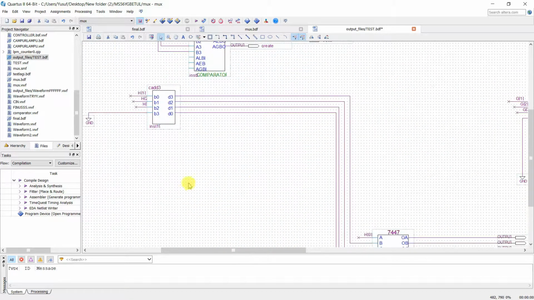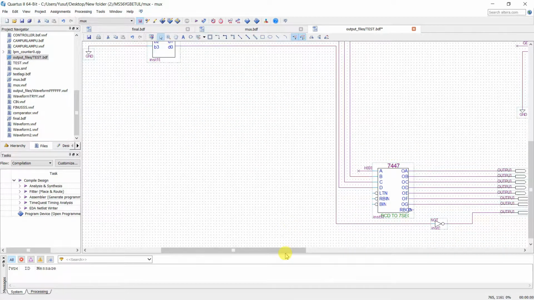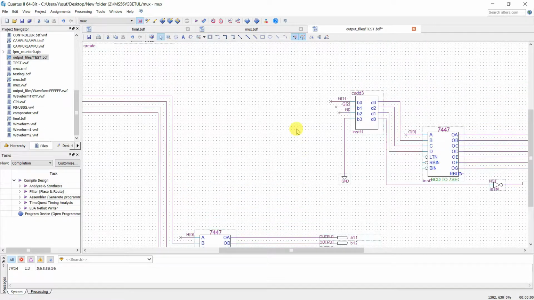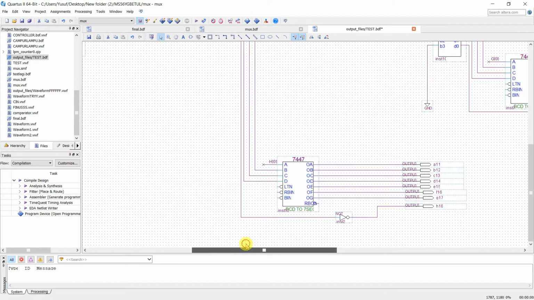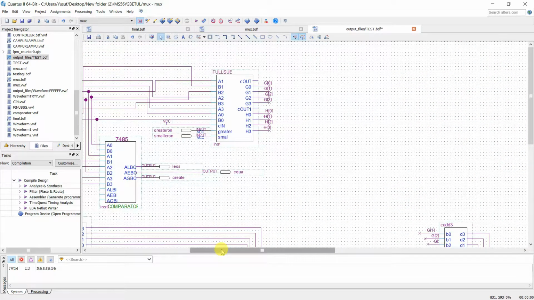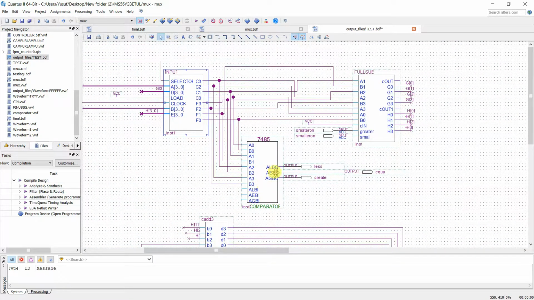We have used cat3 from our Milestone 3 for displaying, from 1 to 15. We can display from 1 to 15 through this cat3, and here's the output of our data path when it is less than, equal to, or greater than.